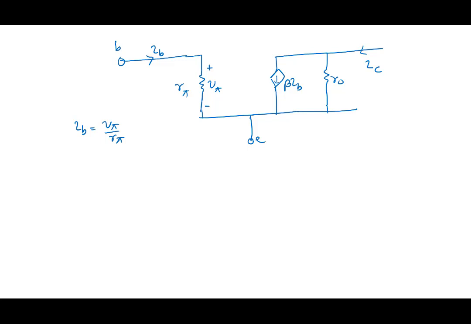This current source that you see here is beta IB, so it's equal to beta by R pi multiplied by V pi. So we can also write this current source as gm V pi.